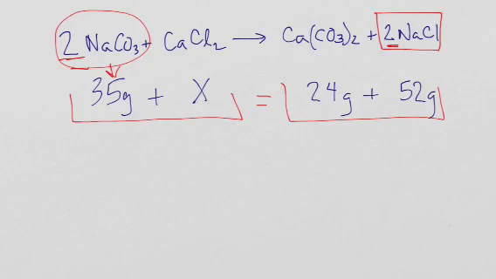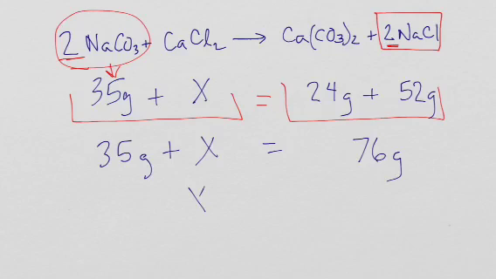And this is a really simple mathematical equation if you want to isolate x. You sum these two up and that gives you 76 over here. So 35 grams plus x is equal to 76 grams. Well, x, if you isolate it, is 76 grams minus 35 grams.